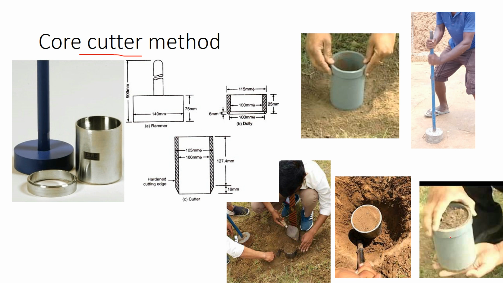Imagine if you had sandy soil in the strata: you cannot do that, because the sand will come out through the cutter, as the top and bottom are hollow. When you hit with your rammer, the soil penetrates into the cutter and you have a cohesive soil which can be held in the cutter.